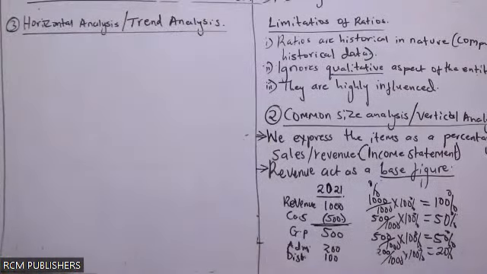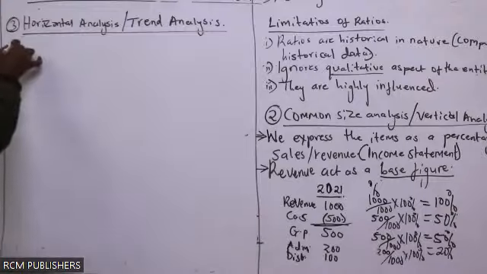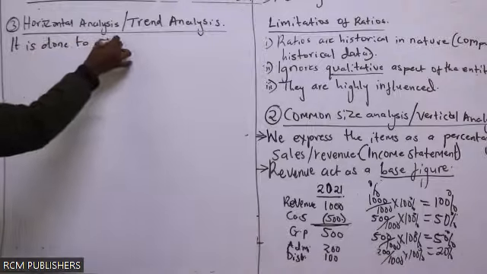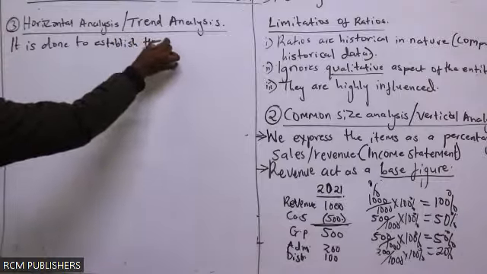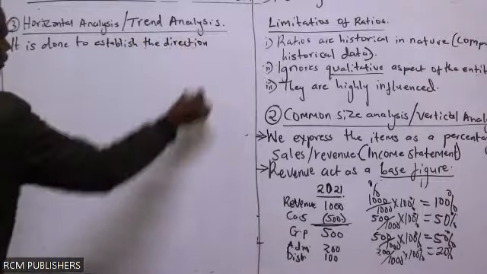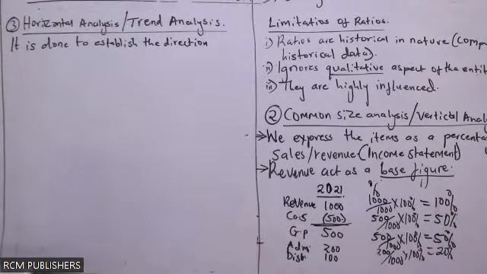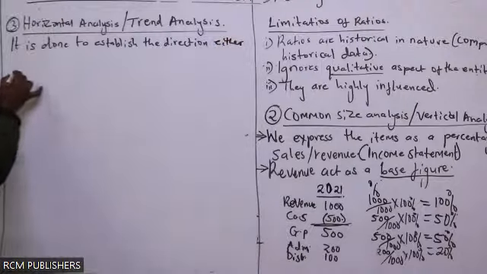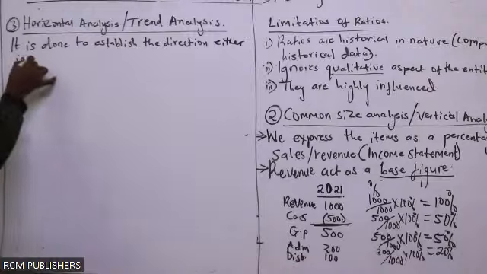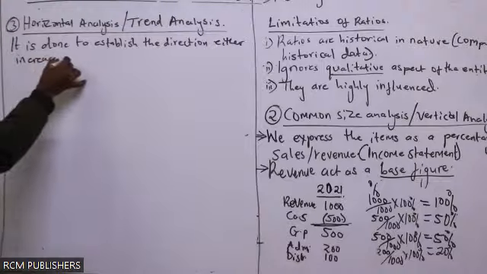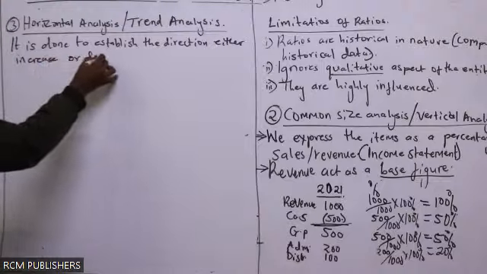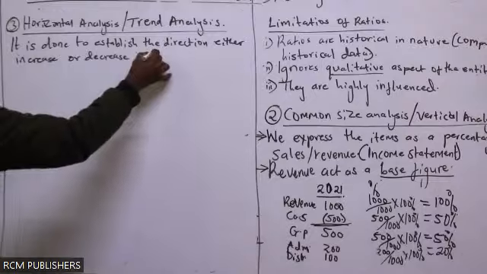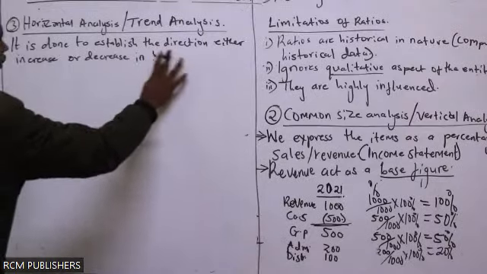So it is done to establish the direction, either increase or decrease in incomes, financial statement items.